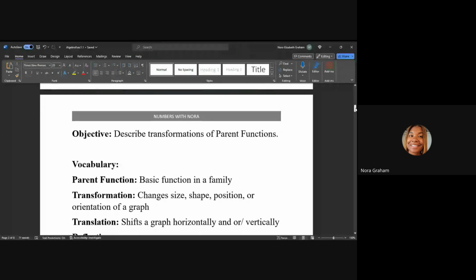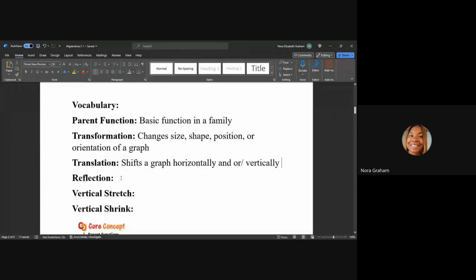And then we have our reflection. Our reflection is a flip of our graph over the X or Y axis, and we're going to see what causes that in a few.